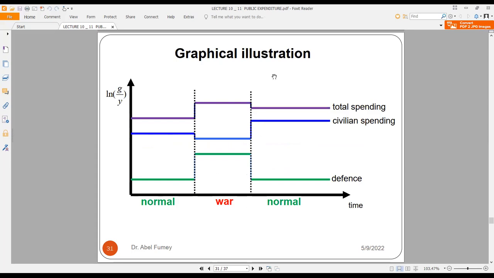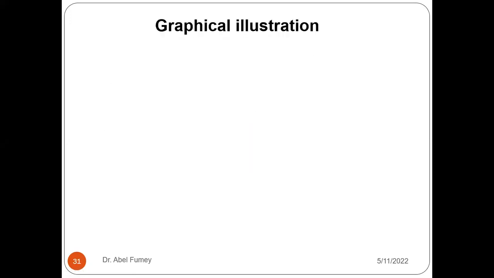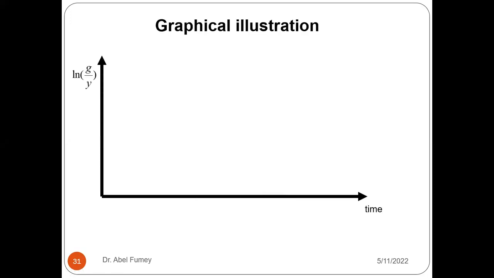Let me use the PowerPoint so that we'll understand it too. All right, so this is what we just spoke about. Let's look at the graphical representation. The horizontal axis is time, and the vertical one is government spending.